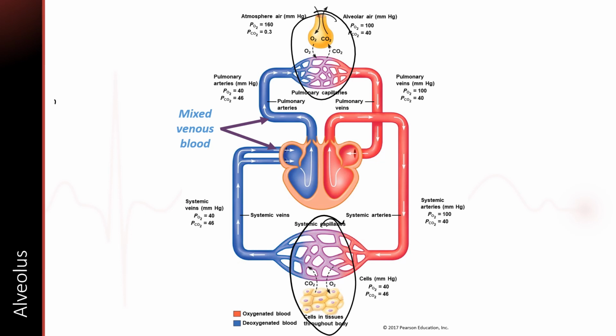This is blood traveling through the pulmonary capillaries and becoming oxygenated. This is blood traveling through the systemic capillaries and becoming deoxygenated. Hopefully, to some degree, you can look at something like this now, and it makes a decent amount of sense.